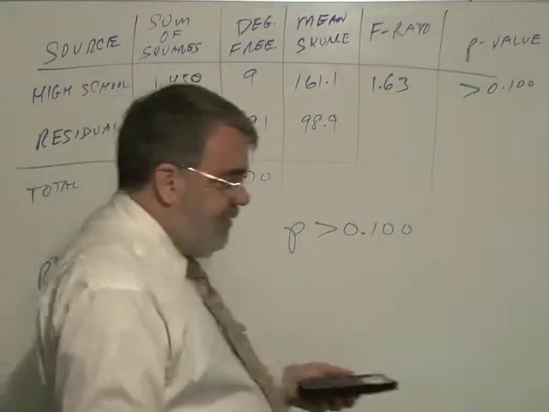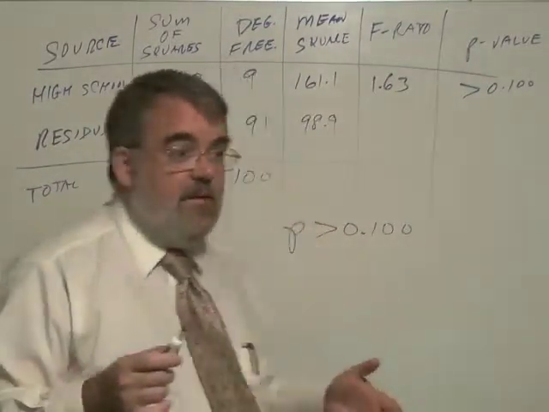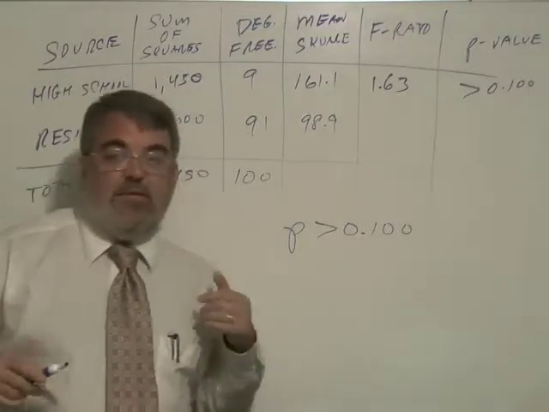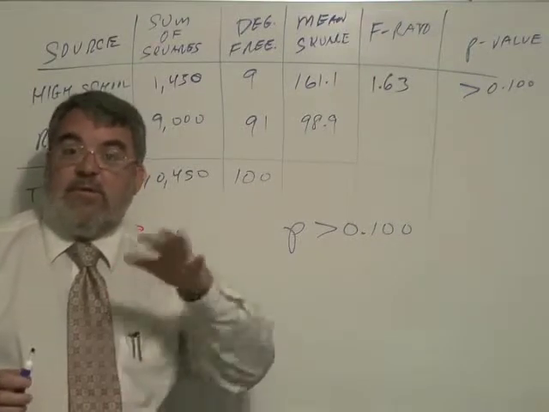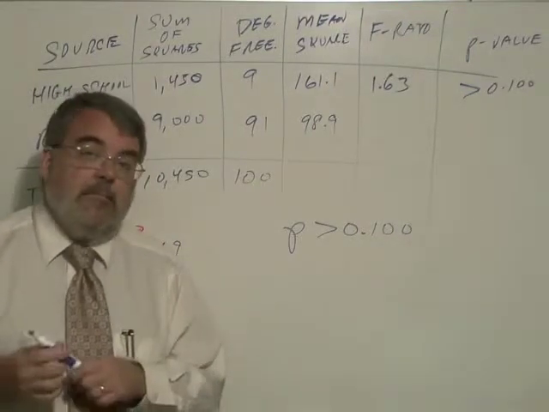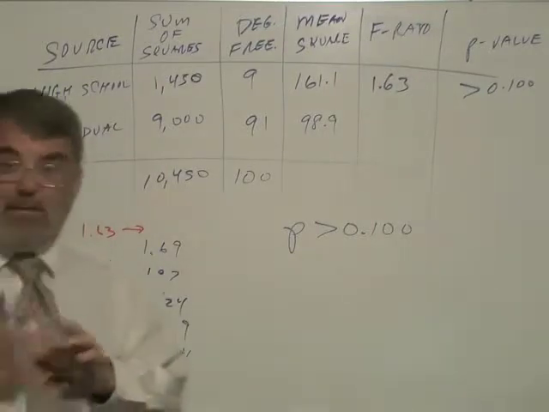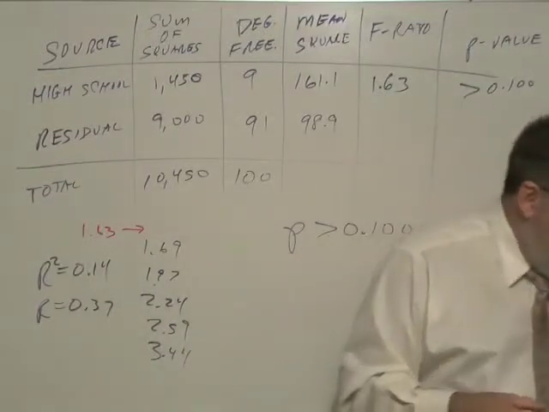So it is a moot point because we failed to reject the null hypothesis that r could be 0. In other words, that there could be no relationship here. And so really we don't need this in this problem because we failed to reject the null hypothesis.